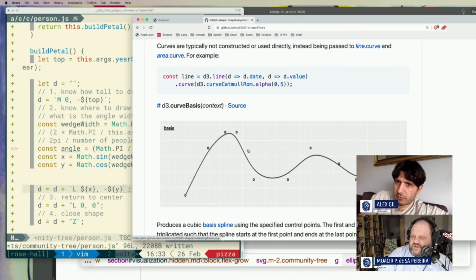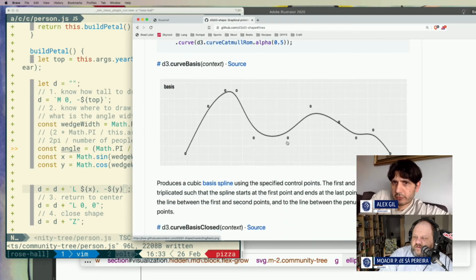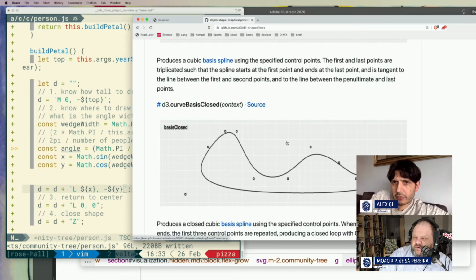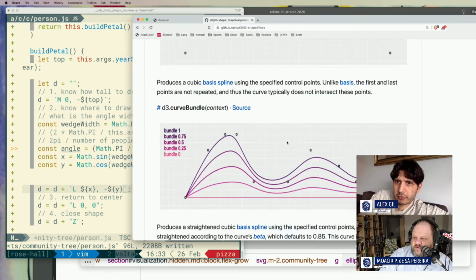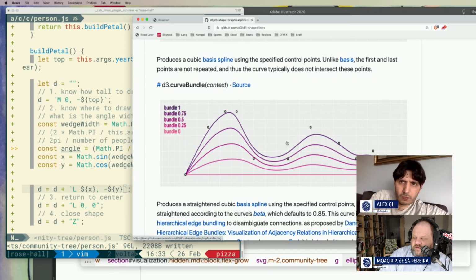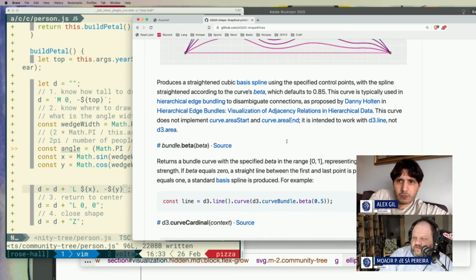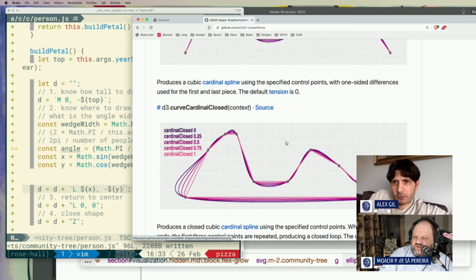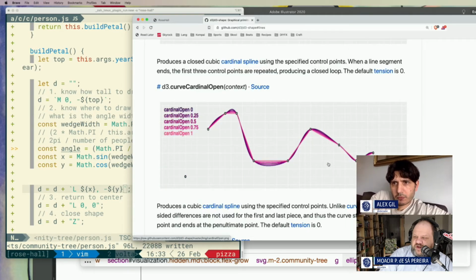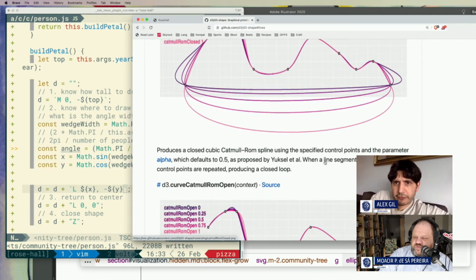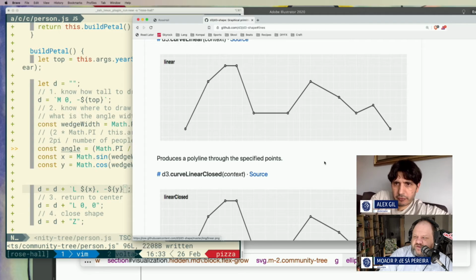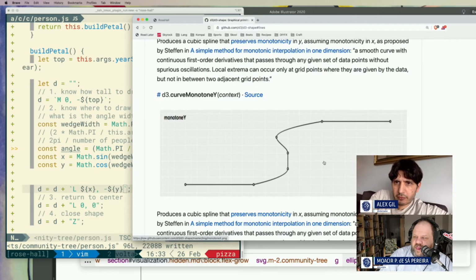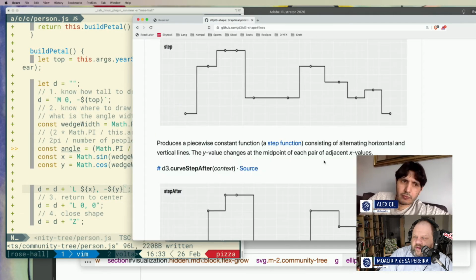Okay, so here are where the lines get rad. These describe how you draw lines between a certain number of data points, whereas we just want to draw a sine wave probably, right? Yeah.